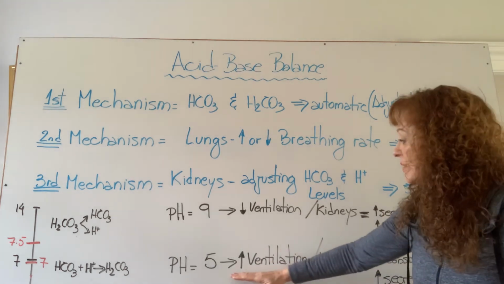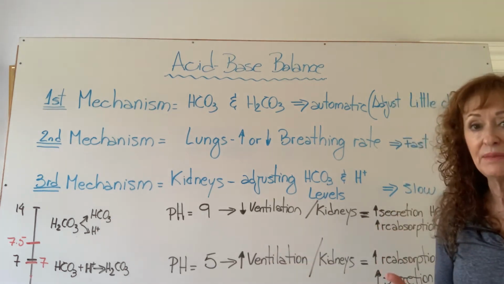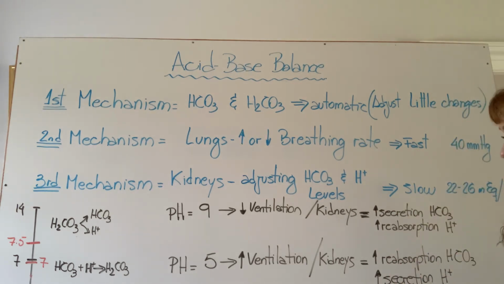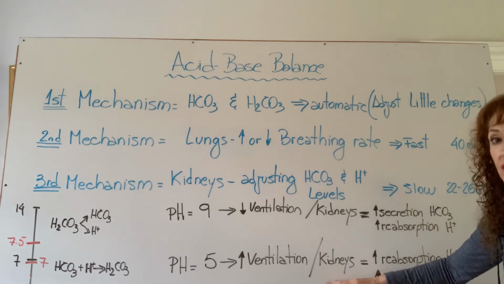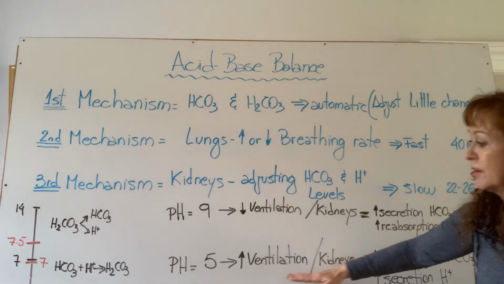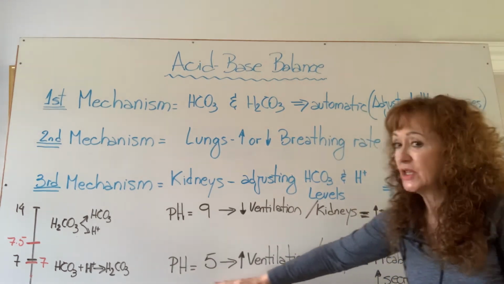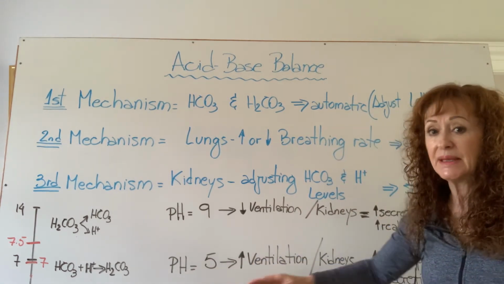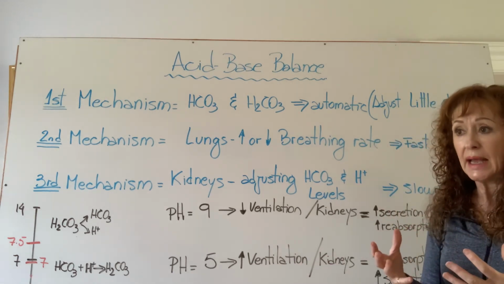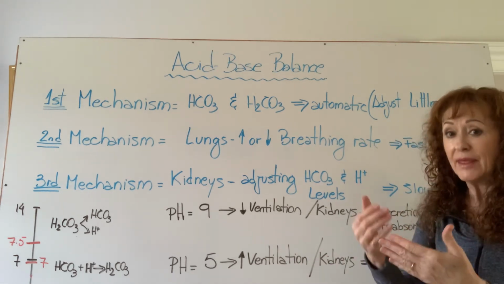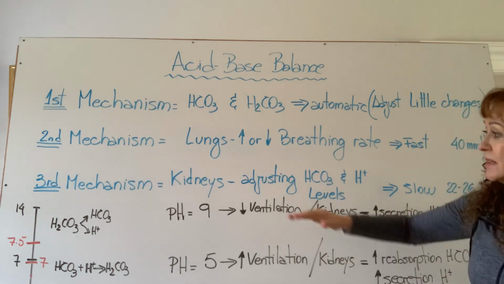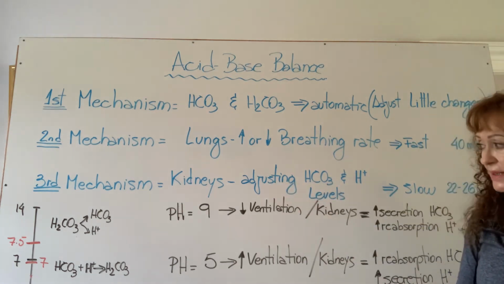But certainly, increasing the ventilation eliminates a really large amount of carbon dioxide. What happens in the kidneys? And this one is important for you to play with. Keep in mind this scenario, pH 5, and in case the respiratory system is not able to adjust it by itself, the body will engage the third mechanism, which is the urinary system.